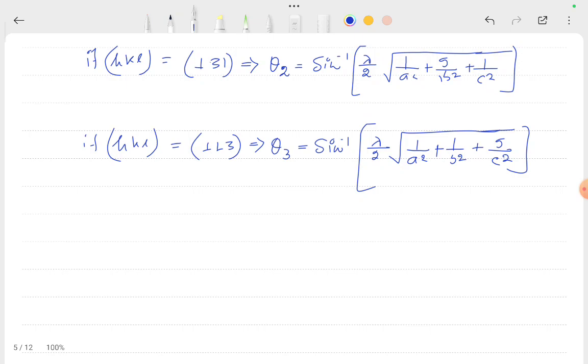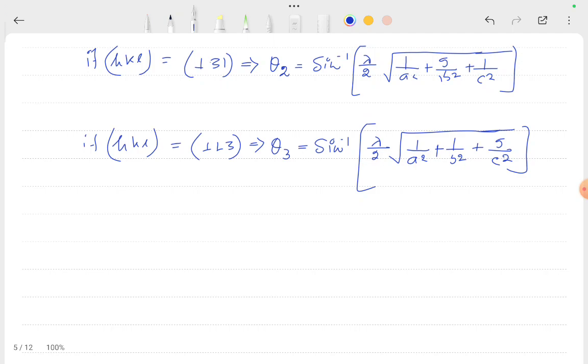Here we actually get 3 peaks, right? For the FCC lattice, for the 311 plane, we get only 1 peak. But for orthorhombic crystals, for the 311 planes, we get 3 peaks.